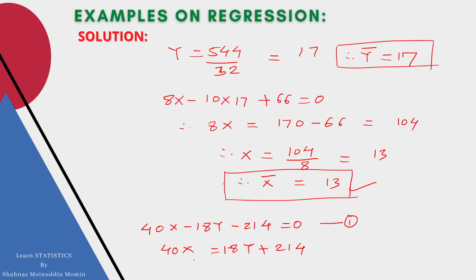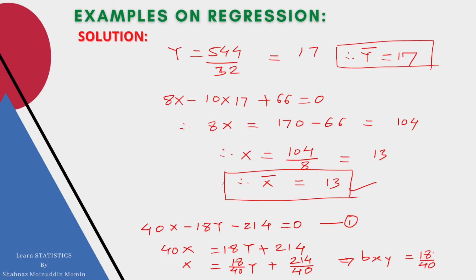Divide on both sides by 40, we get x equal to 18 upon 40 y plus 214 divided by 40. From this equation, we get the regression coefficient of x on y, that is bxy equal to 18 upon 40.